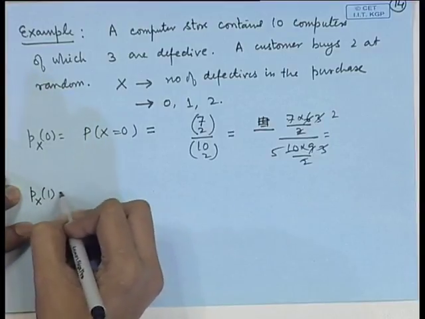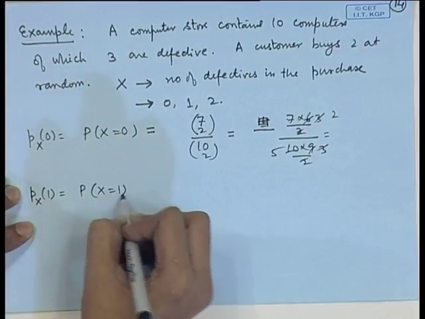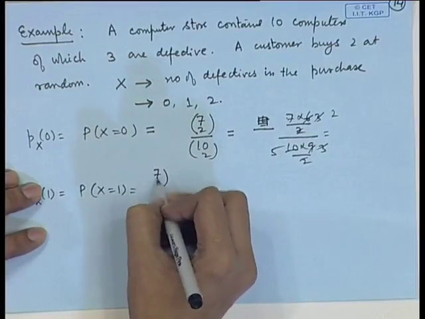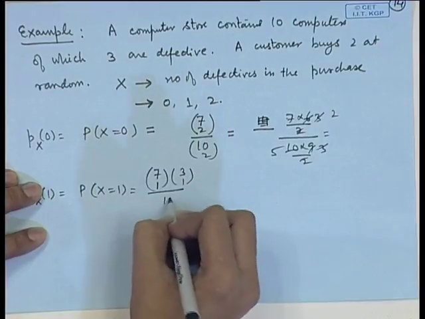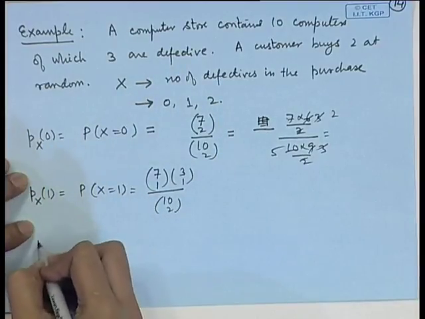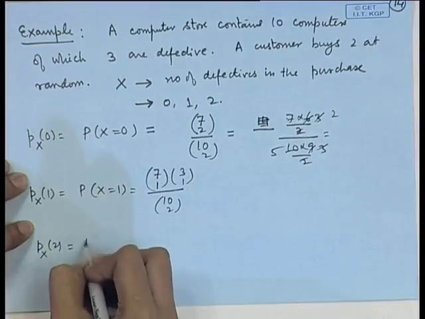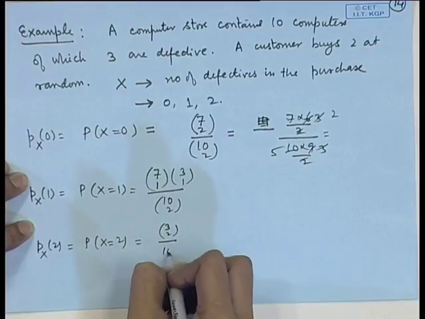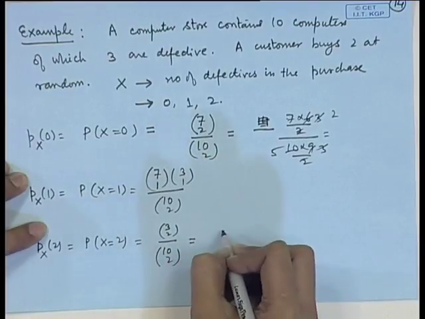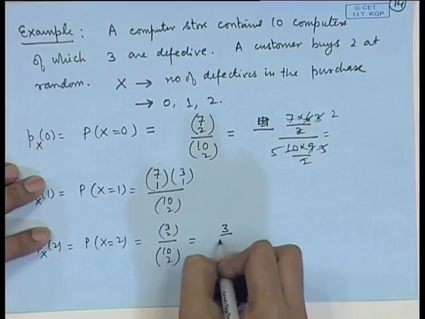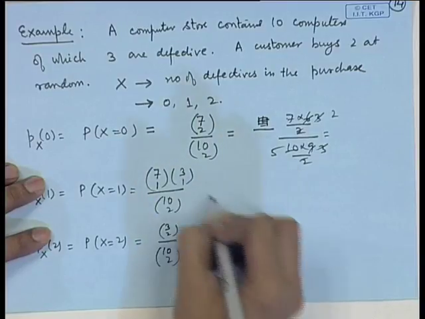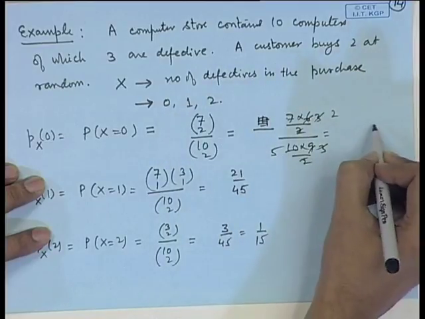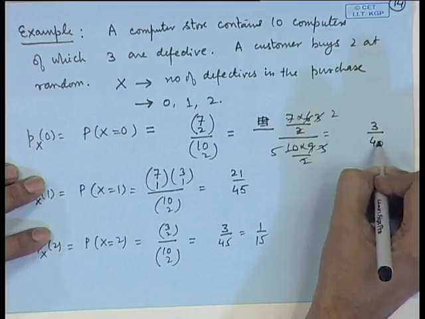If I consider probability X equal to 1, then it is equal to 7 C 1 times 3 C 1 divided by 10 C 2. If we consider p_X(2), that means both he has purchased are defective, then it is equal to 3 C 2 divided by 10 C 2. So, all of these values can be calculated: 3 by 45, that is equal to 1 by 15, this is equal to 21 by 45, and that is equal to 3 by 45.